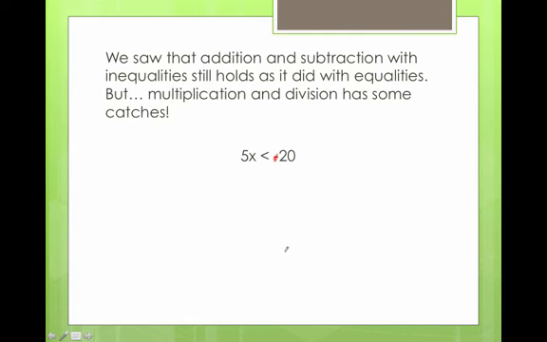So we saw that addition and subtraction with inequalities still holds, just like it did with equalities, right? As long as I did the same thing to both sides of the equation, I was okay. But when we're doing multiplication and division, we're going to have some tricks that might get us.